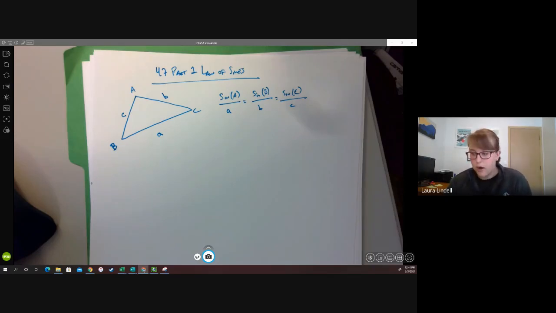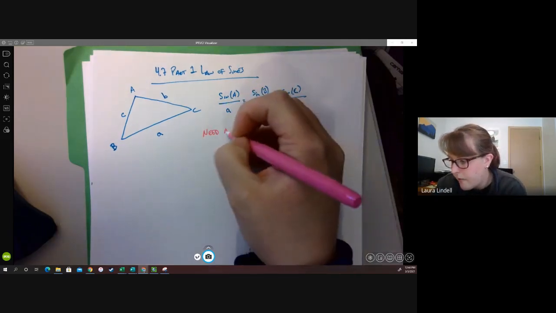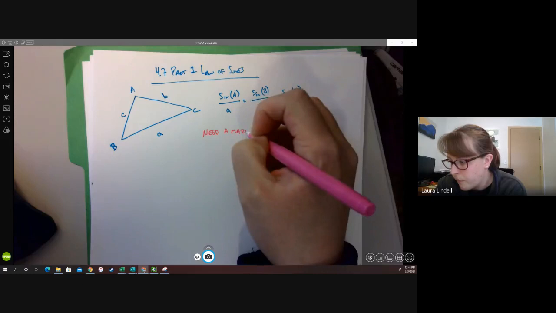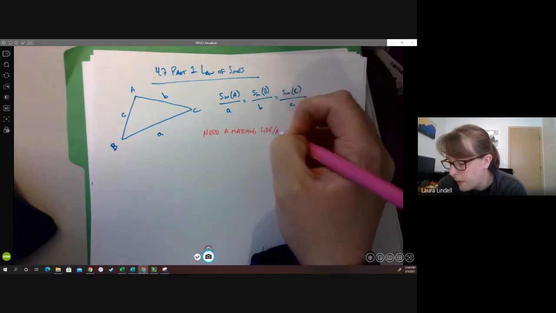But the basic requirement to use law of sines is that you need a matching side angle pair.